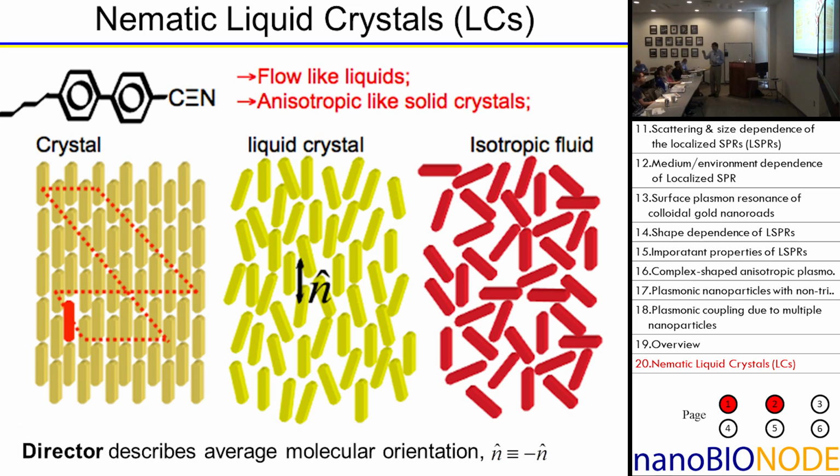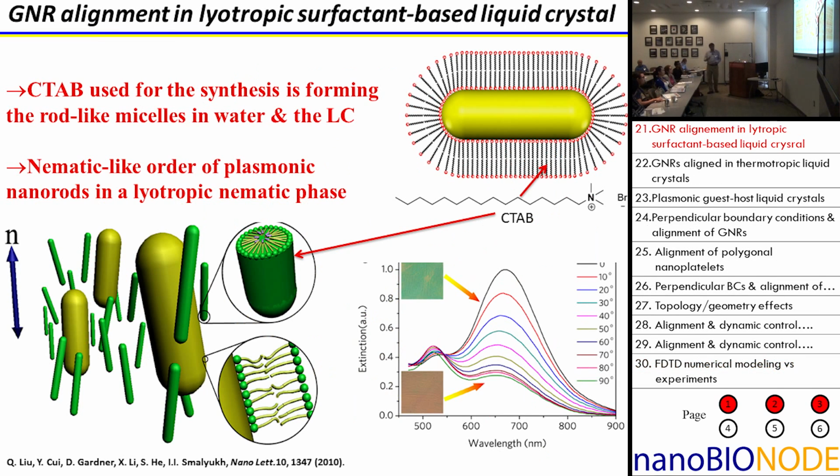So if you were to have it in a cup, you could pour it just like water. What we have in there is some anisotropic molecules that are rod-like and orient spontaneously along a specific direction, which we call director.